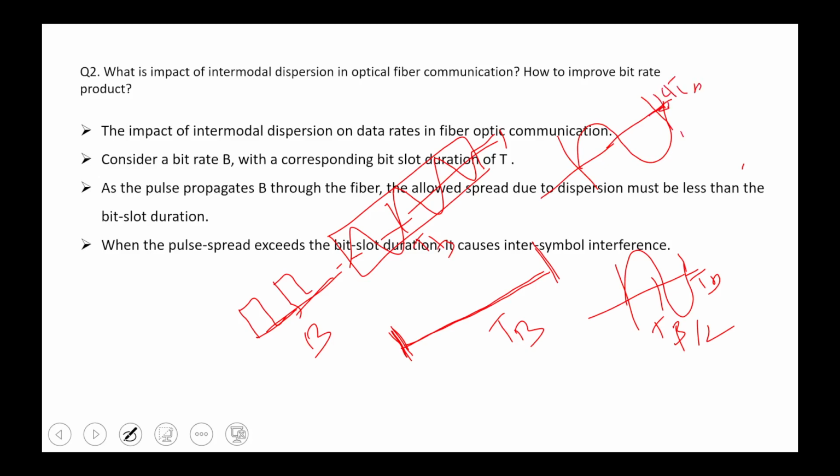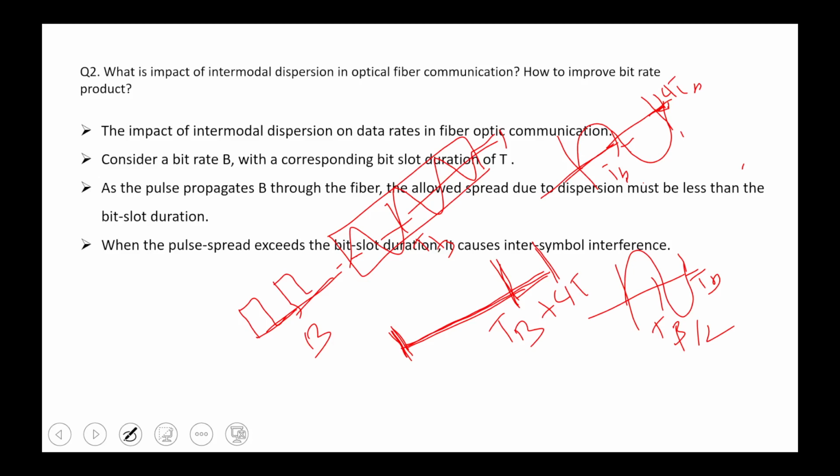Some portion will take more interval, TB plus delta T, or it may take less duration of time. Both ways are possible in that case.